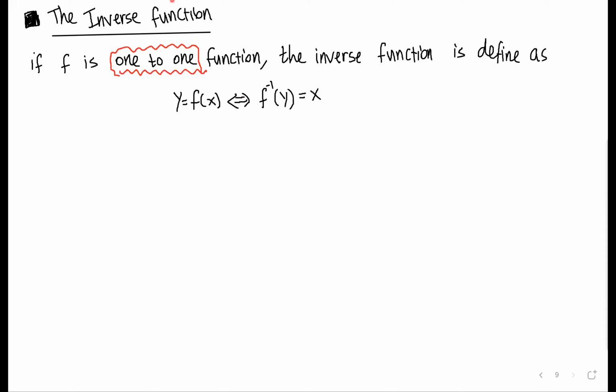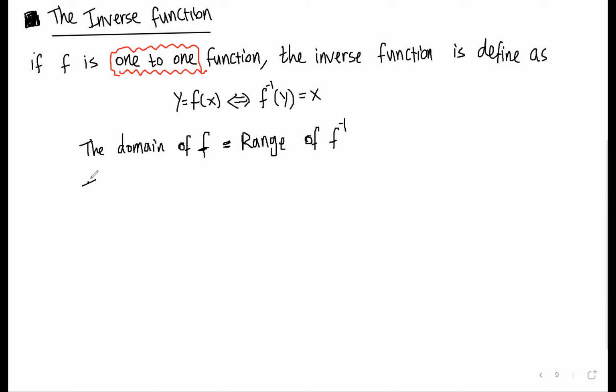The first thing we have to know here is that the domain of the function f is the same as the range of the inverse.